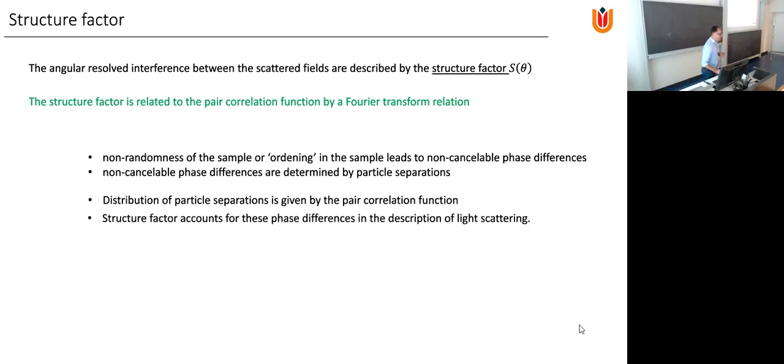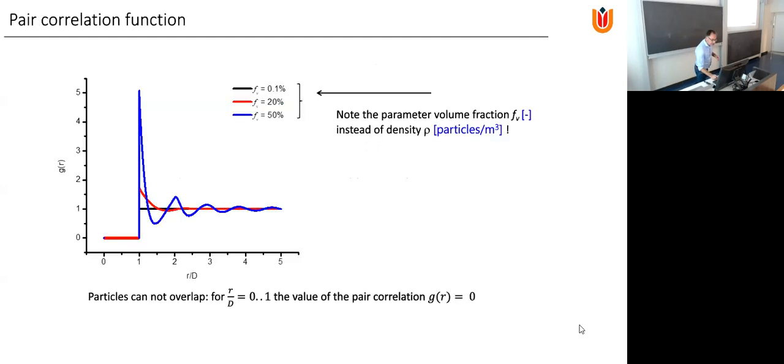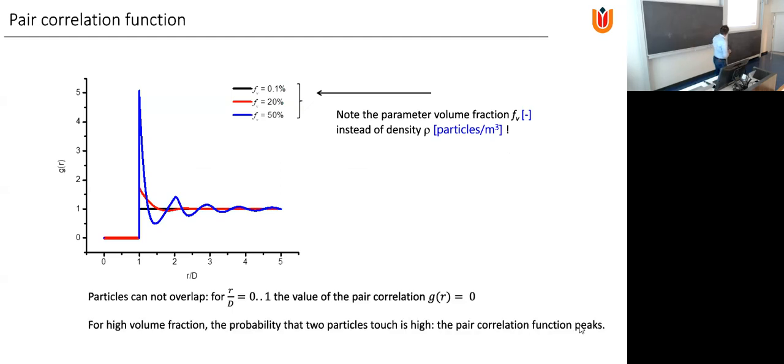And then if you take the Fourier transform of the pair correlation function, you can calculate the structure factor, plug it into the equations we had before, and calculate the scattering coefficient of the sample. Now, when we looked at a few slides back, for argument's sake, this one's fine, you saw that the pair correlation function is highly dependent on volume fraction.